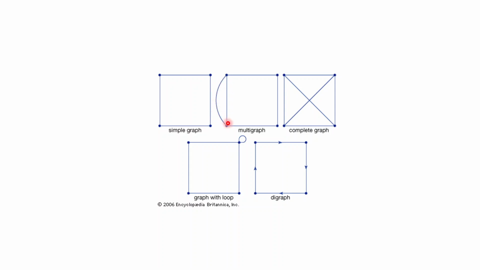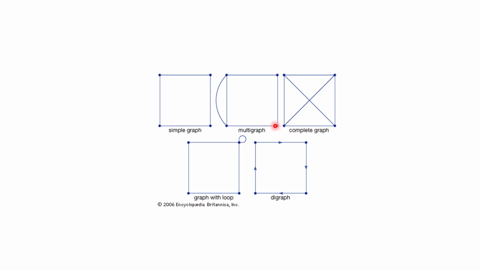That is called multi-graph. When we call it a complete graph, it means when all the nodes are connected with each other, when all the vertices are connected with each other. So this node is connected with the second node and third node and fourth node. Likewise, this node also connected with the first node and third node and fourth node.